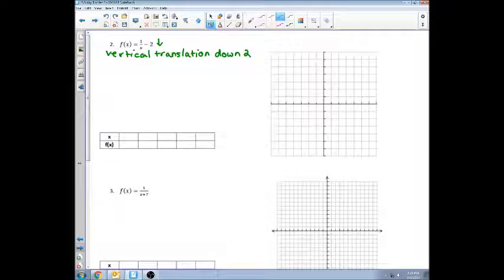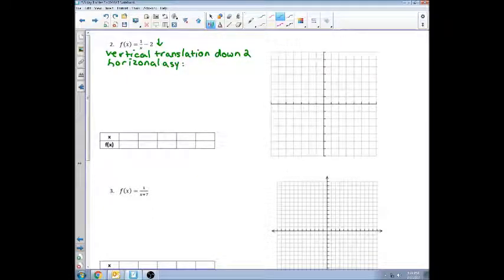The next piece of information I need to find is my vertical asymptote. Well, my vertical asymptote, actually, you know what? I want to change this up a little bit. Whenever I have a vertical translation, that is going to help me figure out where my horizontal asymptote will move to. Okay? So vertical translation and horizontal asymptote work together.